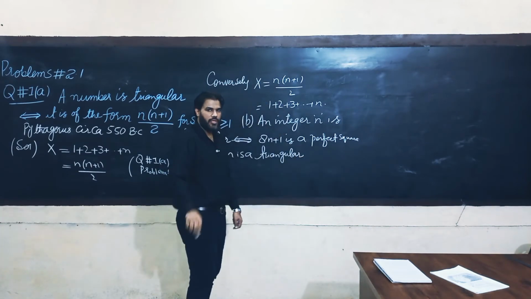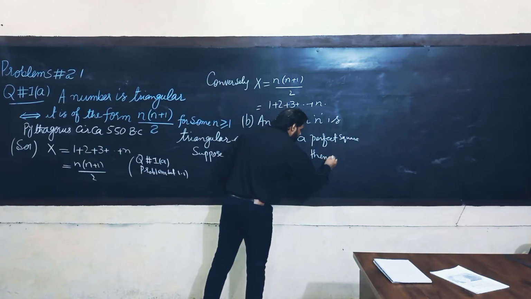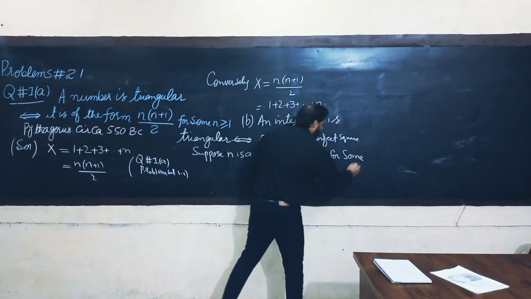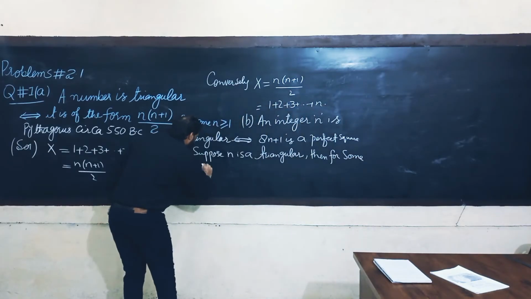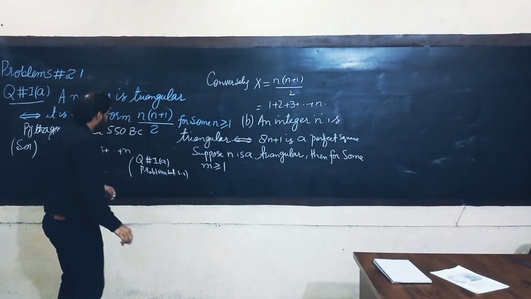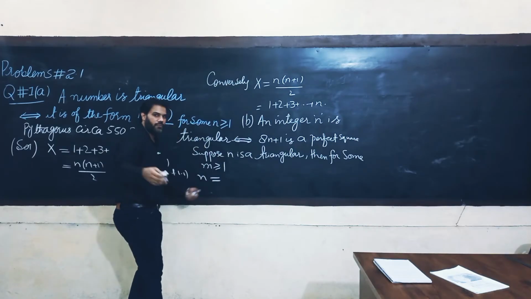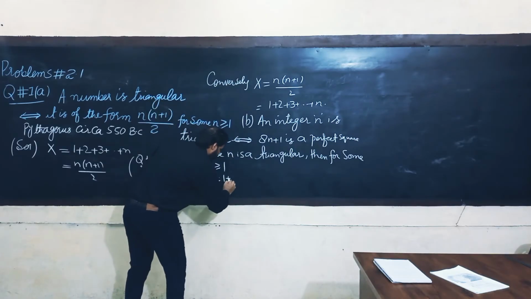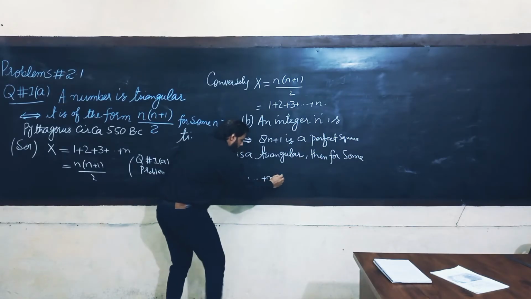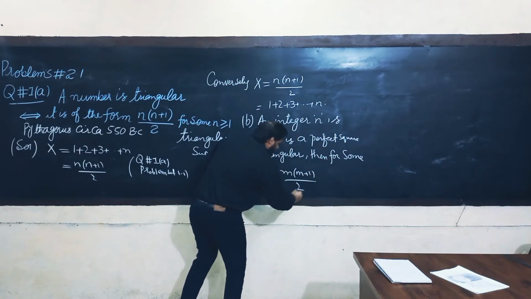Then by definition of triangular number, for some integer m greater than or equal to 1, according to the first part, this n can be written as the sum of the first m natural numbers, 1 plus 2 plus 3 up to so on m, which can be written as m into m plus 1 over 2.